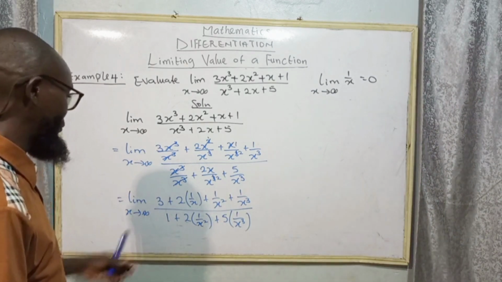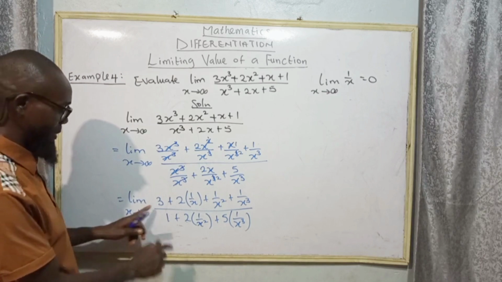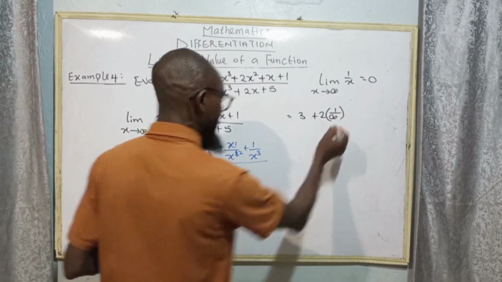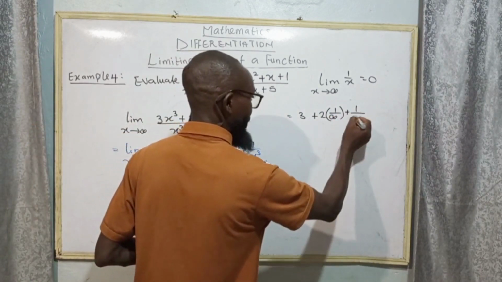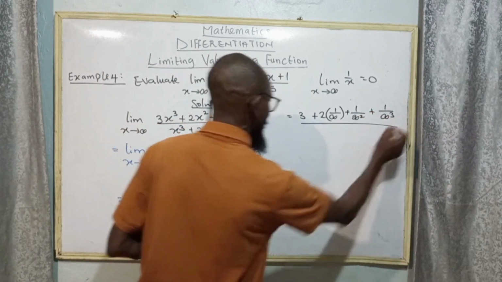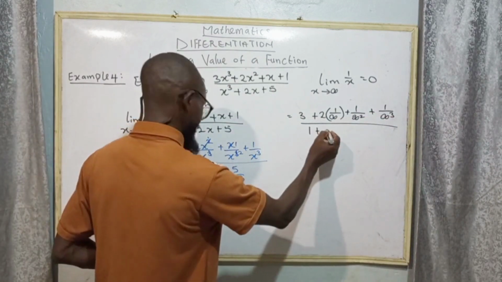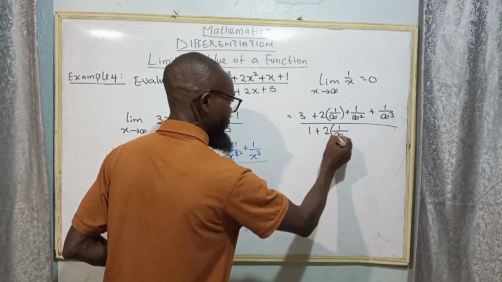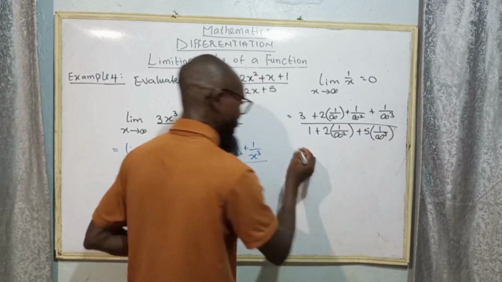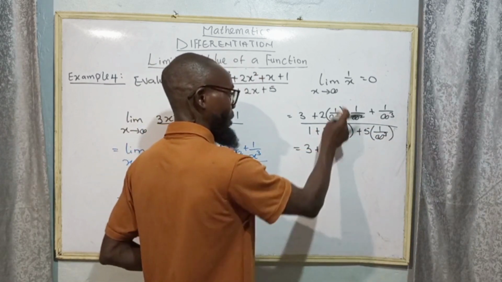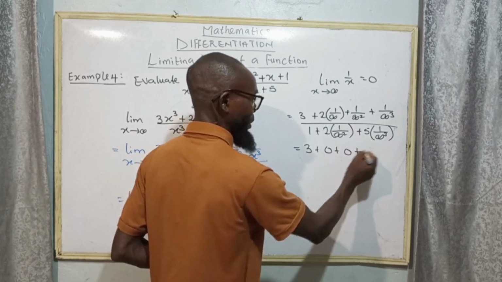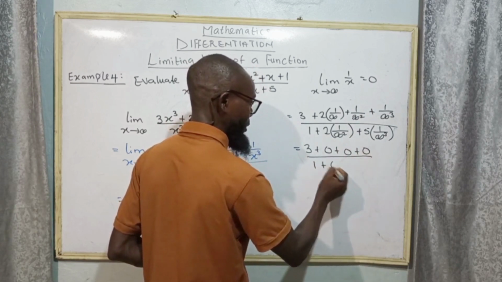Now if we introduce our infinity, we are going to have 3 plus 2 in bracket 1 over infinity plus 1 over infinity squared plus 1 over infinity cubed, divided by 1 plus 2 in bracket 1 over infinity squared plus 5 in bracket 1 over infinity cubed. Now 1 over infinity gives 0, so we have 3 plus 0 plus 0 plus 0, divided by 1 plus 0 plus 0.